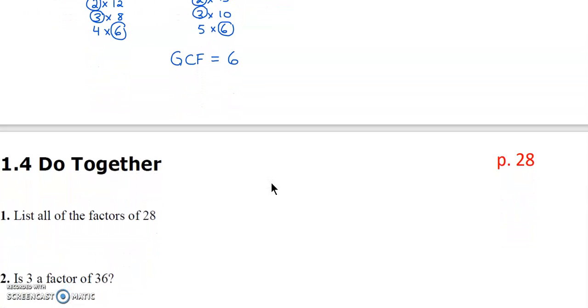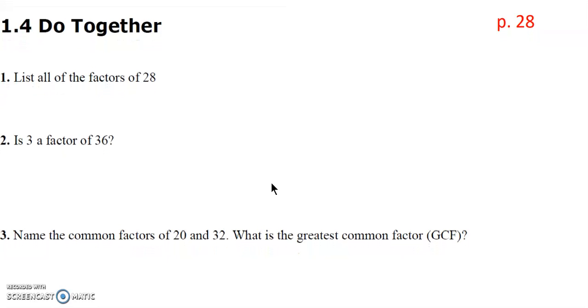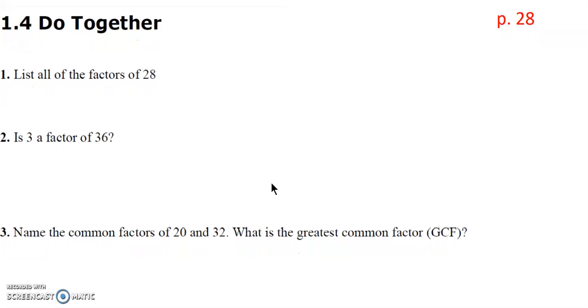So we're going to go ahead and look at the questions in the do together on page 28. So we're going to list all the factors of 28. We've done this one before, so we'll just do it one more time real quick. 1 times 28, 2 times 14. Do we have a 3 for the 28?